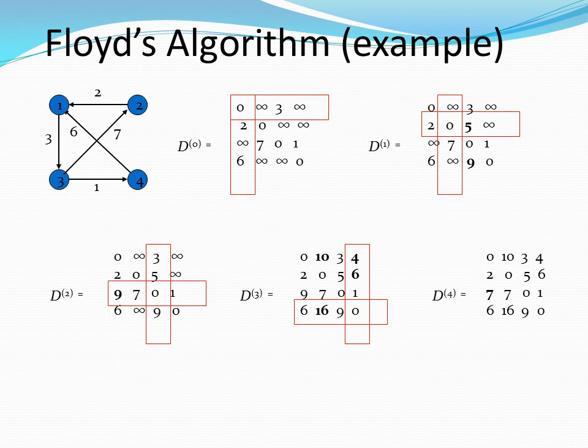So 9 is the minimum, so change it to 9. Likewise check for all values. Then take the third column and third row, do the same process. Then fourth column, fourth row, do the same process. The final output is D4.